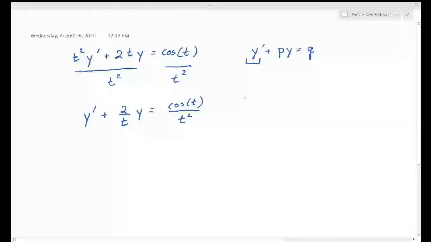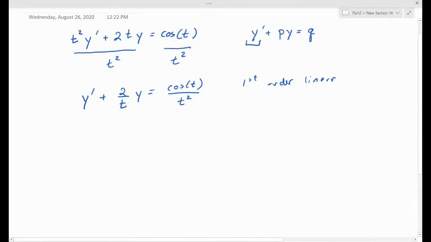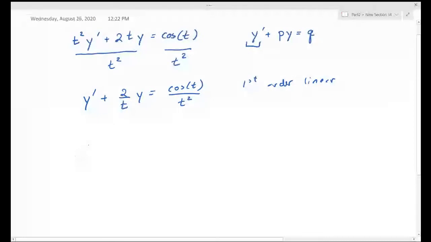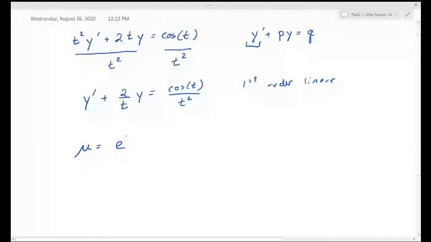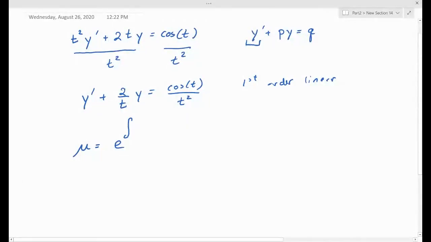And you recognize this as first order linear. So we know that we can define the integrating factor as e raised to the power of the antiderivative of this function of the independent variable that multiplies the y term.